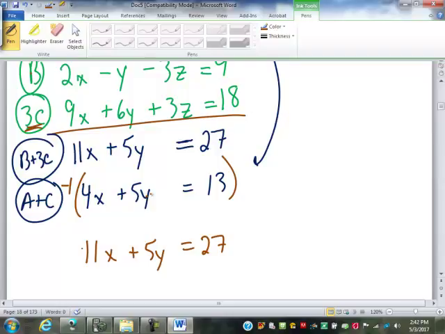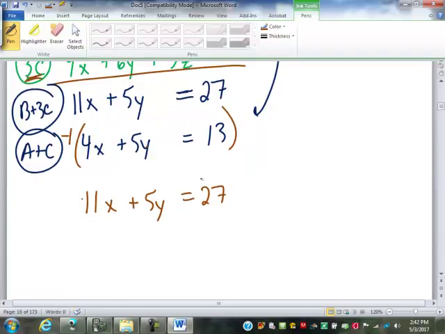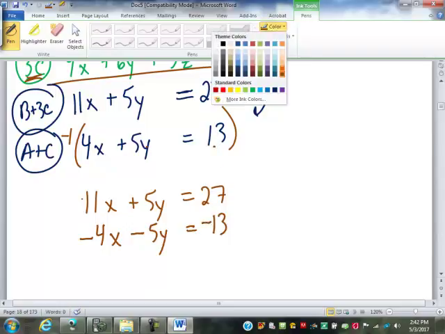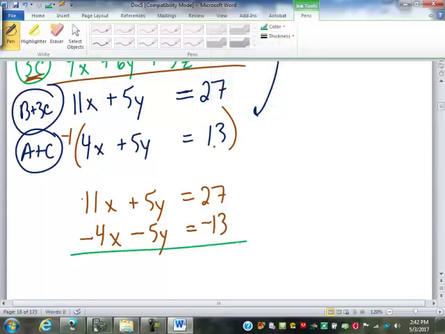Perfect. So that's a -5y, and then the y's will cancel out. So -1 times 4x, -4x. -1 times 5y, -5y, yep. Equals -1 times 13, -13.